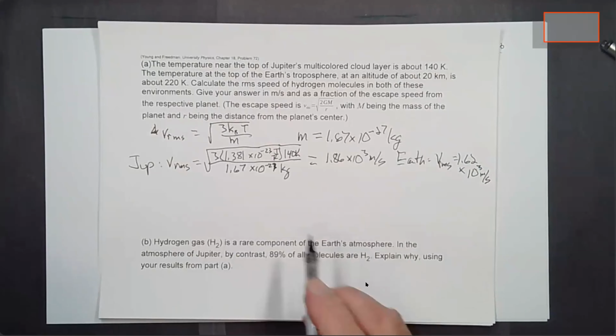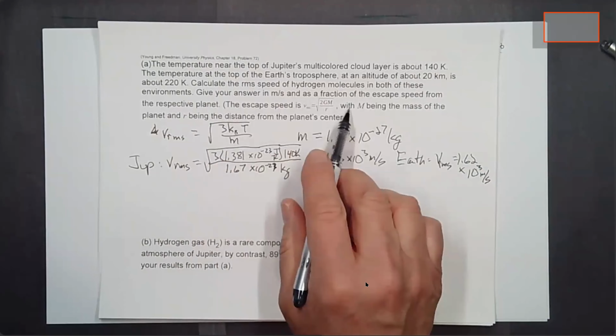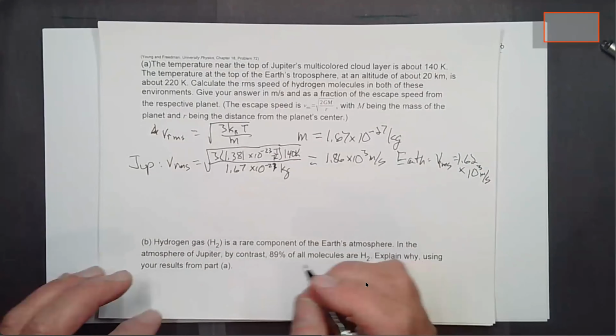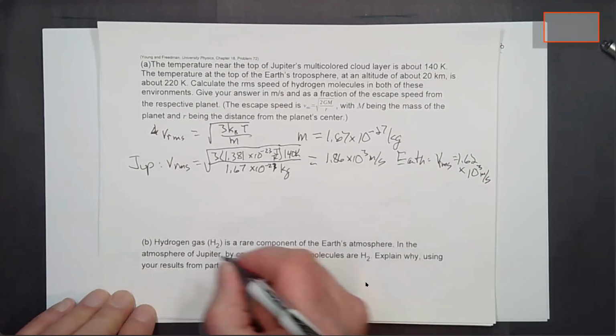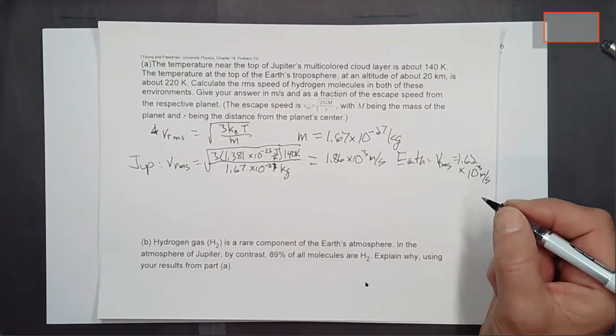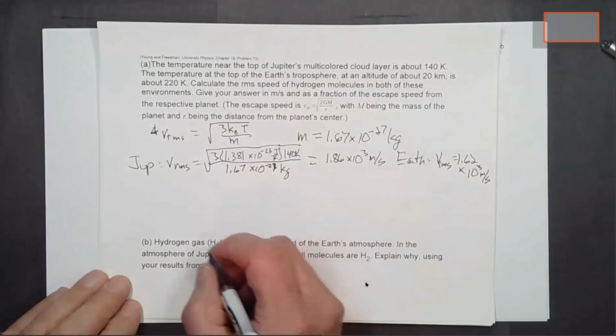Now it says give your answers in meters per second and as a fraction of the escape speed from the respective planet. Well, let's calculate those things. We know it for Earth, it's about 11.2 kilometers per second, if I remember right, but it wouldn't hurt to recalculate that.